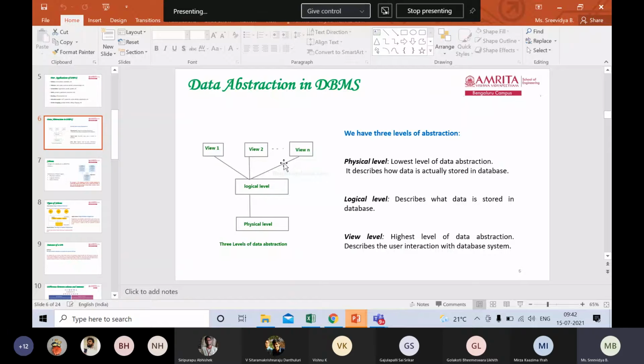So when I sell it for 120 rupees, the cost price is 100 and the selling price is 120. This cost price may be present in the table, but may not be seen by the salesman. That kind of division, those kinds of subtables, are formed in the case of a view level. That's basically to do with the kind of interaction the user is going to have. Different kinds of users are going to have different kinds of subtables.